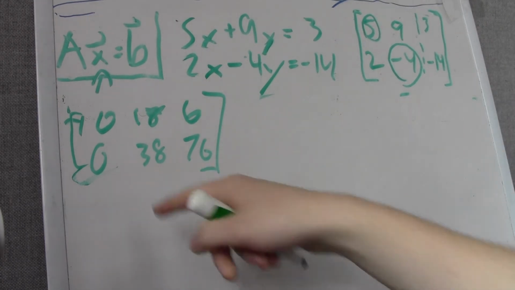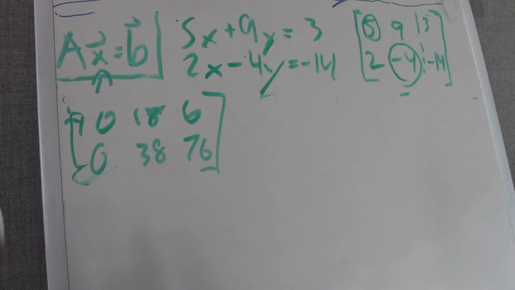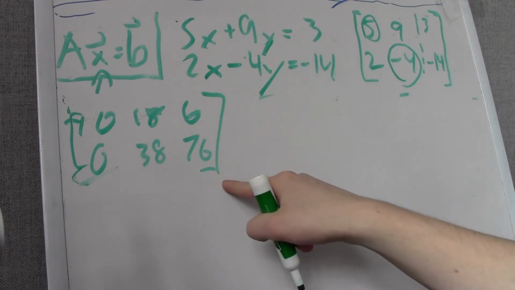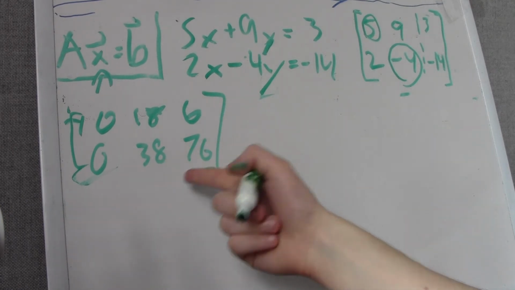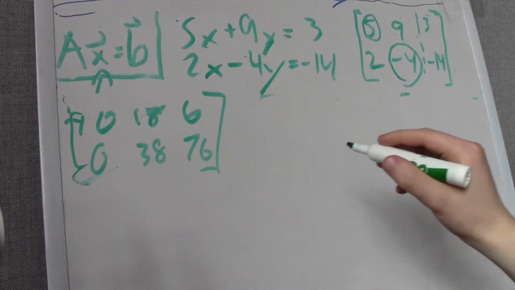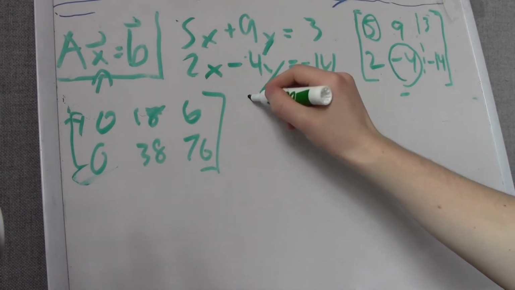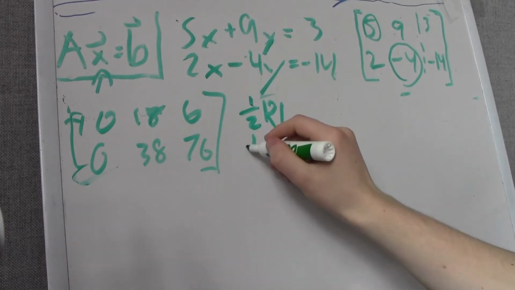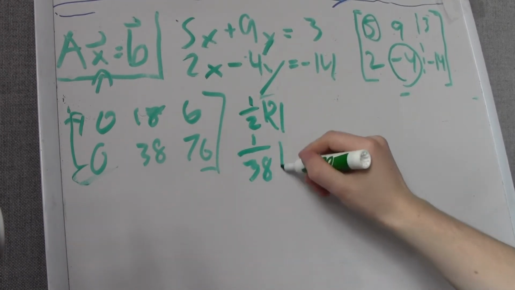And remember, we're just trying to get this 1 anyway. So if we multiply this row by 1 over 38, we can get that common factor out. Same up here, there's a common factor of 2. So let's just simplify. So 1/2 R1 and 1/38 R2.